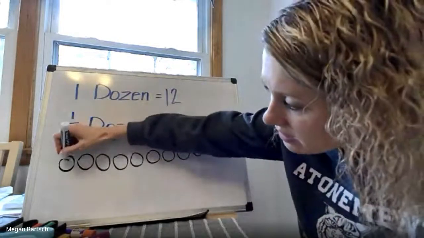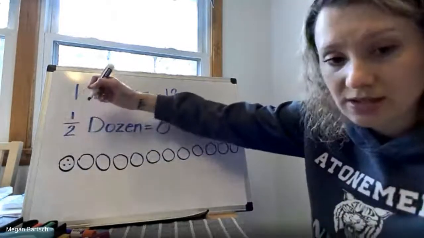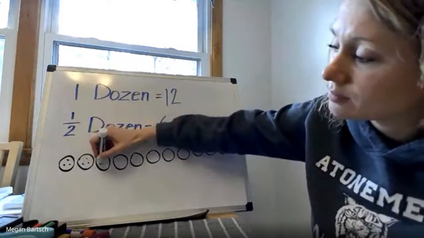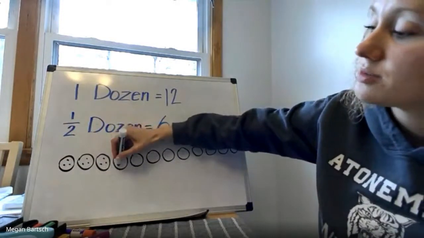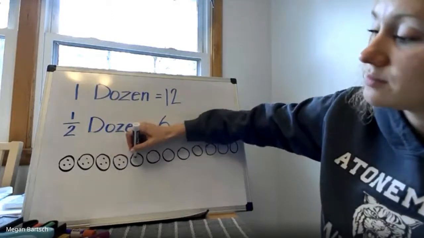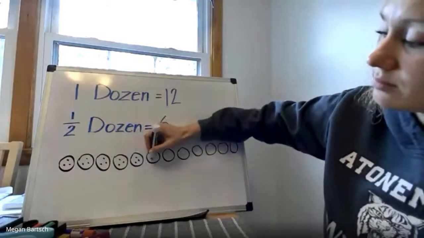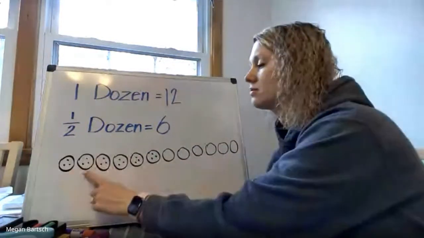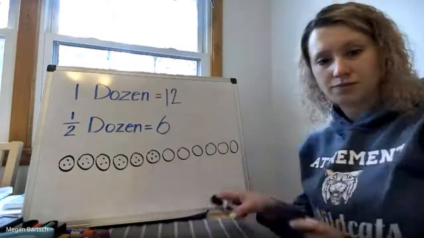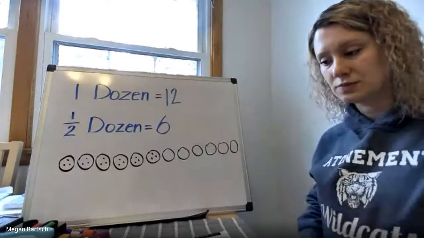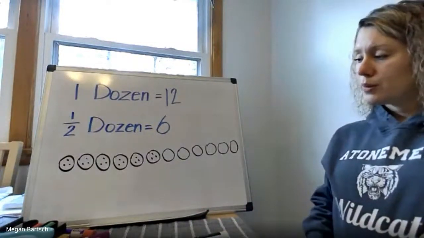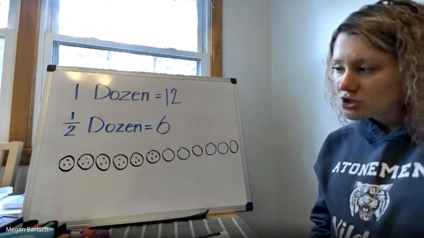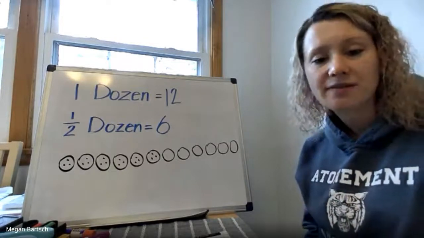So just add like 3 chocolate chips on 6 cookies, because we only put chocolate chips on a half dozen. Put 3 chocolate chips on your half dozen.